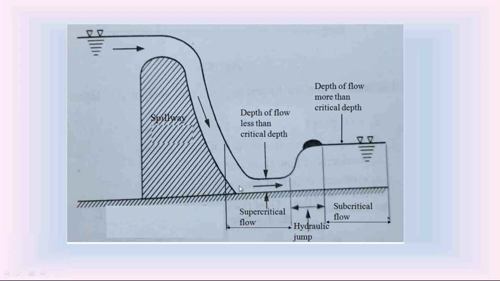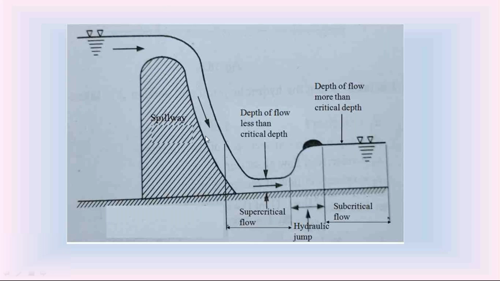At a supercritical condition, there is a large amount of kinetic energy. At a subcritical condition, there is less kinetic energy. So the water flow with large kinetic energy is hitting the water flow with less kinetic energy. So check this movement of water flow in the region. In this region, the water is in subcritical condition with lesser velocity and lesser kinetic energy, whereas here the water is in supercritical condition with more velocity and more kinetic energy.